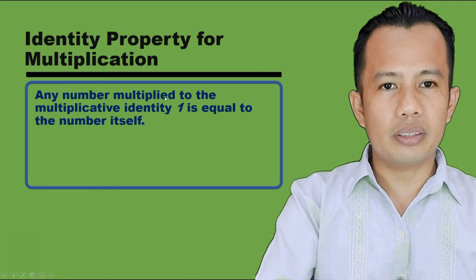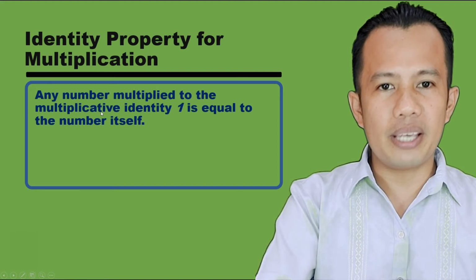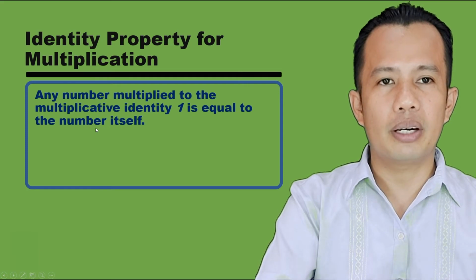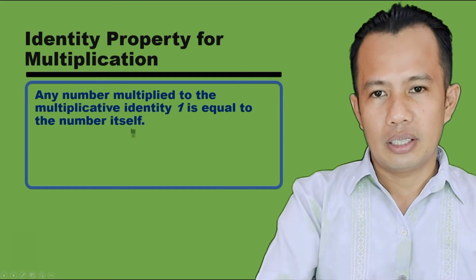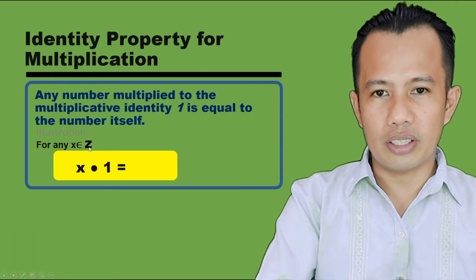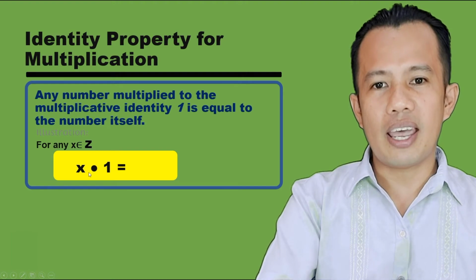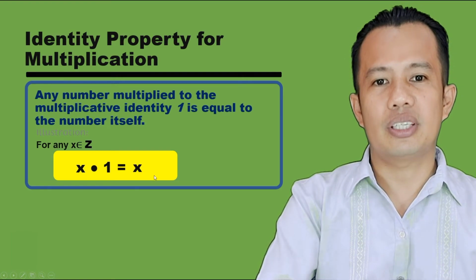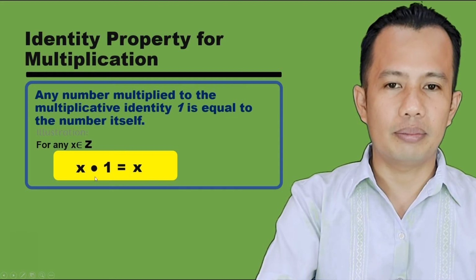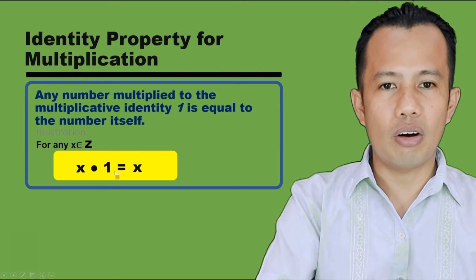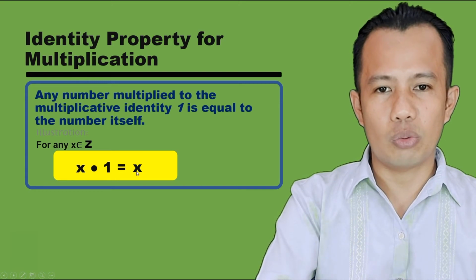Any number multiplied to the multiplicative identity 1 is equal to the number itself. For illustration, for x element of Z or the set of integers, any number multiplied by 1 is the number itself. In this illustration, x times 1 will always be equal to x.